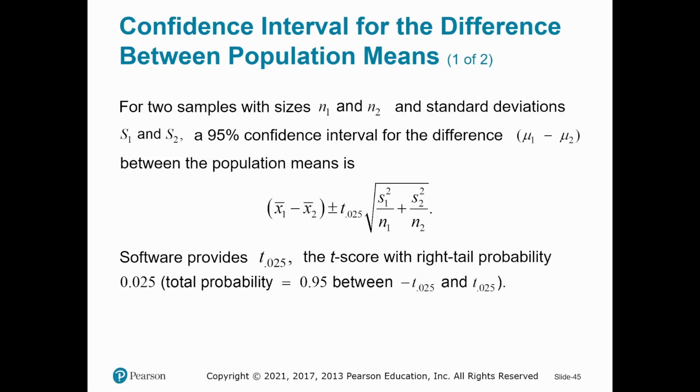Okay. Confidence interval for the difference between population means, continued.